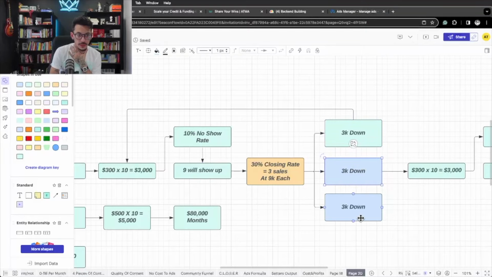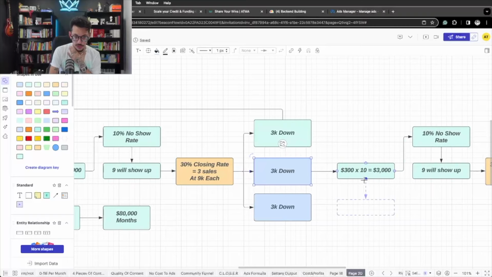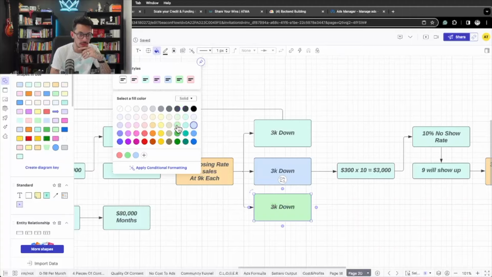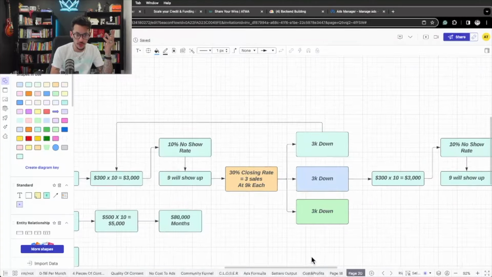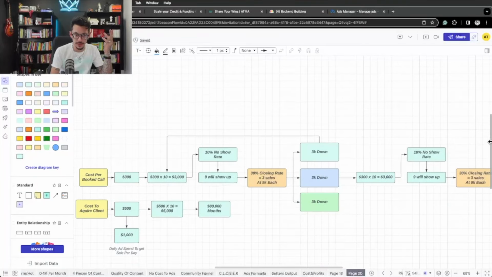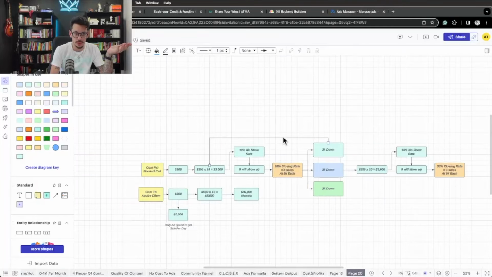This 3K down, you can literally go and get more, right? Your cost per acquisition is built inside the acquisition, so you can keep getting more and more clients. And then this one is your actual profit. This is the one you keep and take home and put in your pocket, right? As long as you can do this over and over again, you get me? It just becomes a cycle, and you keep doing this as far as possible.